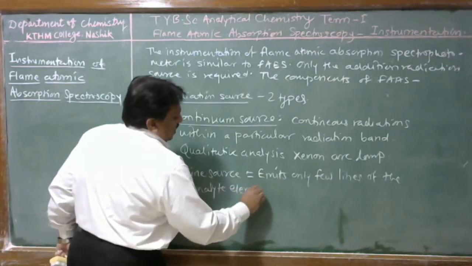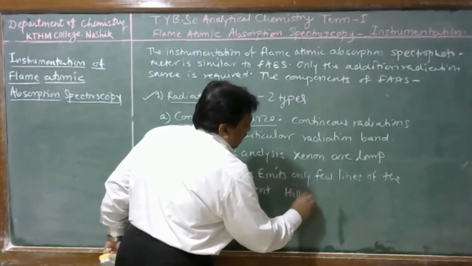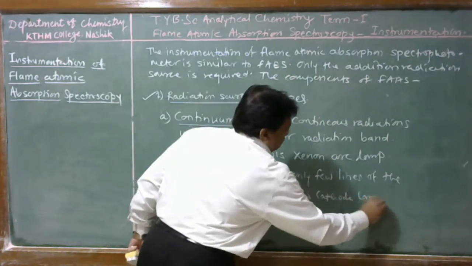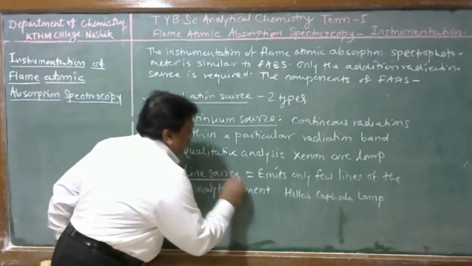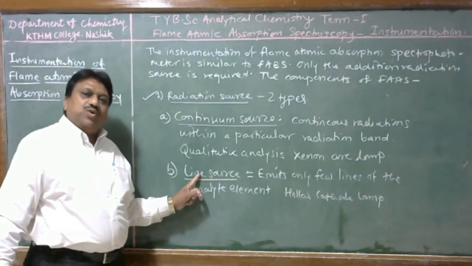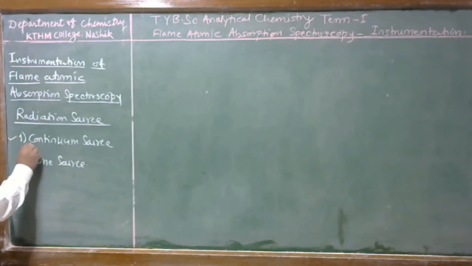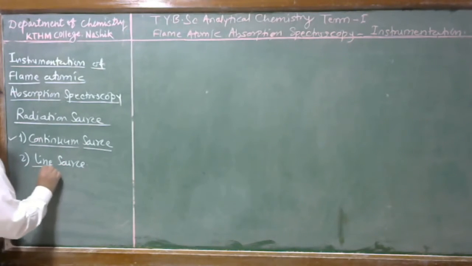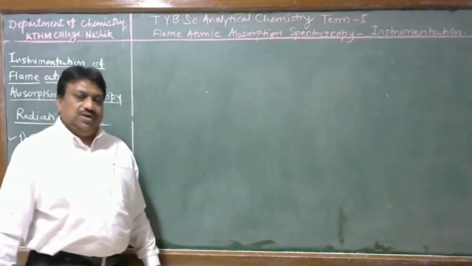Line source in flame atomic absorption spectroscopy is a hollow cathode lamp. Therefore, the radiation sources in atomic absorption spectrophotometer are: first a continuum source, that is a xenon arc lamp, while the line source is a hollow cathode lamp.